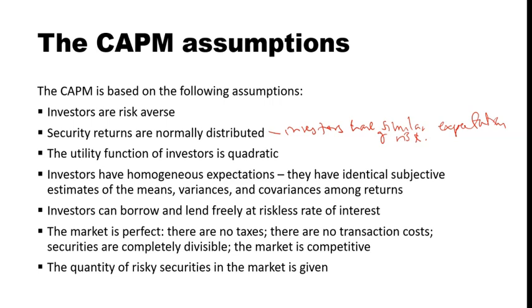So this simply means that the estimates of mean and variance would lead to the same forecast.